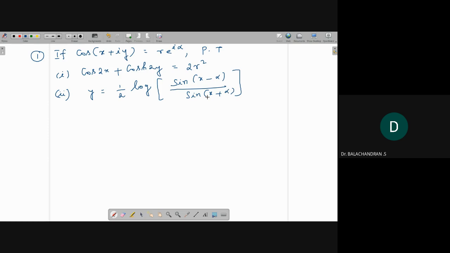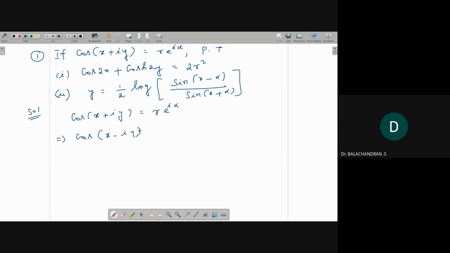Okay. So now I am going to prove subdivision 1. Let us take cos of x plus iy, it is given r into e power i alpha. So this implies cos of x minus iy.